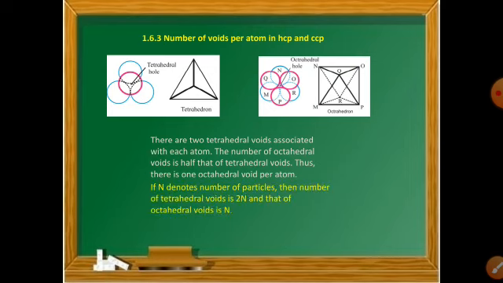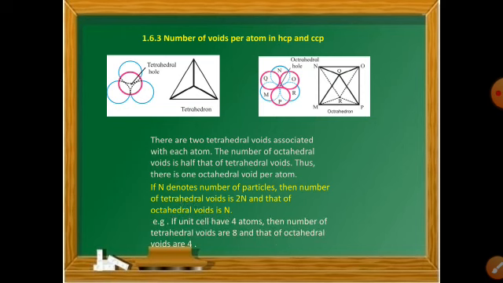So here I can write, if n denotes the number of particles, then the number of tetrahedral voids will be double, that is twice, 2n, and that of the octahedral voids will be equal to n. For example, if a unit cell has 4 atoms, then the number of tetrahedral voids will be double, that is 8, and the octahedral voids will be the same as the number of atoms, that is 4.